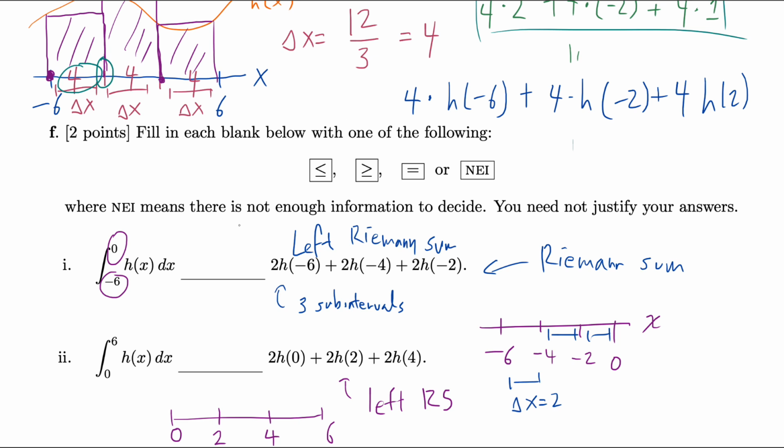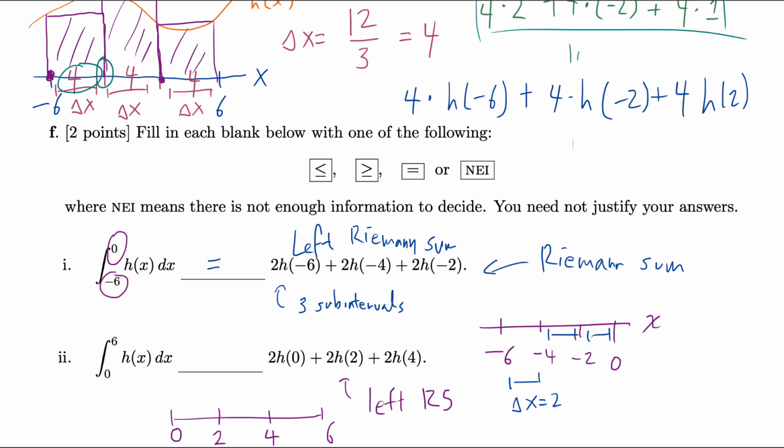And now the question is asking, for example, for the first part, we're estimating this integral using the left Riemann sum. And the question is, are we getting an overestimate? If this is an overestimate, then this would be larger than the actual area that we want to find. Or are we getting an underestimate, in which case our approximation is smaller? Or maybe they're equal somehow?